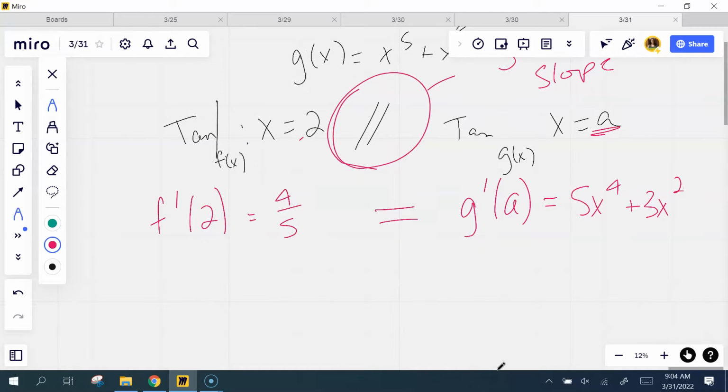Use your calculator again. You could graph 4/5 and 5x to the fourth plus 3x squared and find where they cross, or set the difference equal to 0 and find where it crosses the x-axis. Either way, you will find that it's 0.447, which is C.